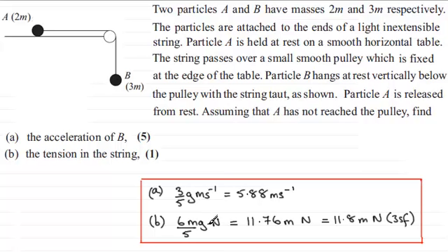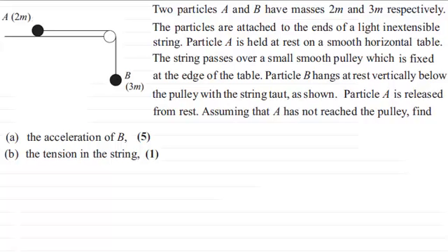Again, if you take g to be 9.8, it comes out at 11.76 newtons, or rounding it to 3 significant figures, it's 11.8 newtons to 3 SF. If you would like to see the worked solutions, I'll take you through those now.